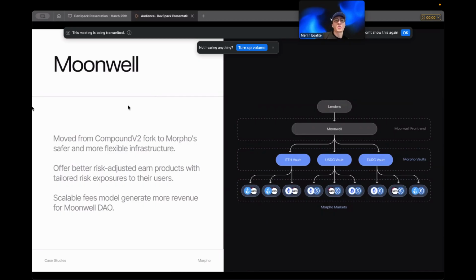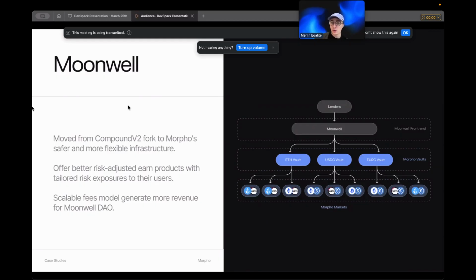While on Morpho, because the markets are isolated and vaults on top can decide where to route the liquidity, you can create very safe vaults that are depositing users' liquidity into very safe markets. But you can also create degen vaults that are chasing yield, but of course, it's riskier for the lenders.